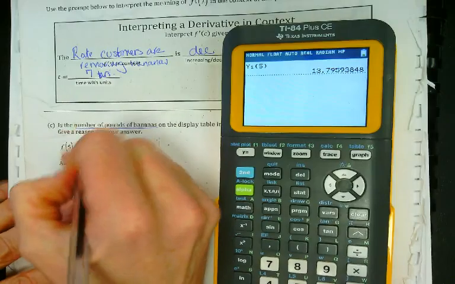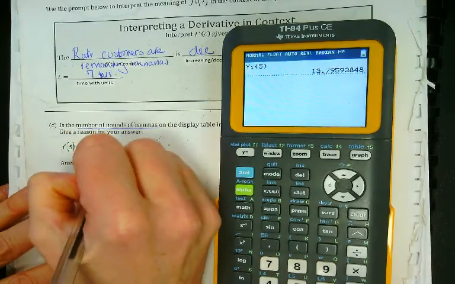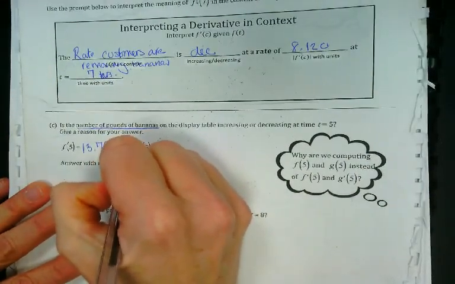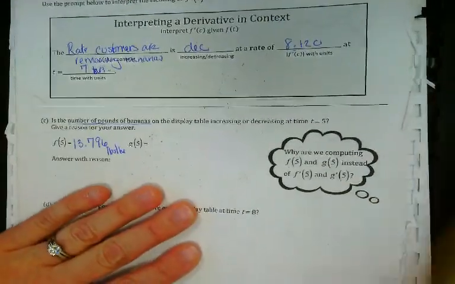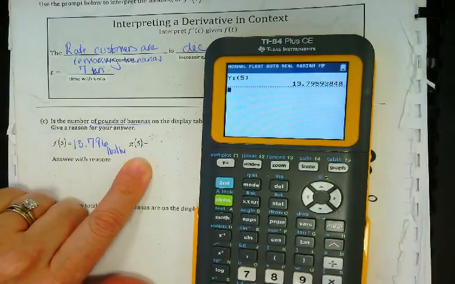And again, it's going to get me 13.796, and F is measured in pounds per hour. And then find G of 5, find your Y2 of 5.